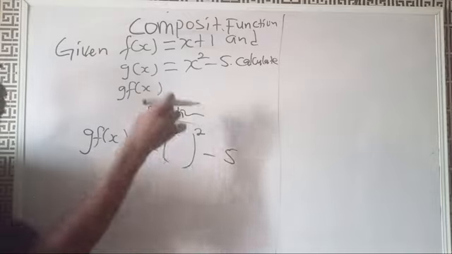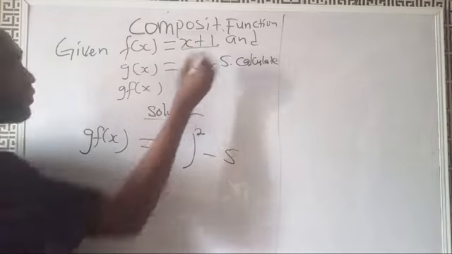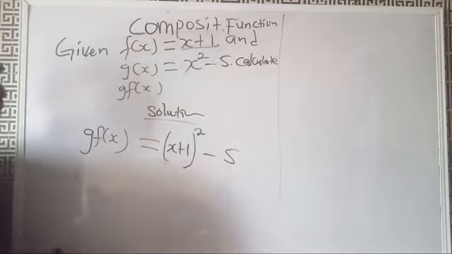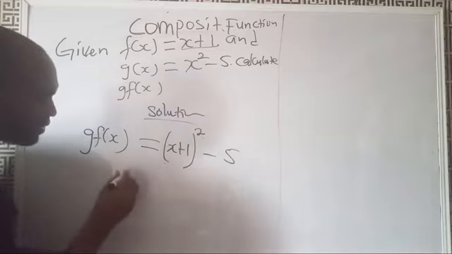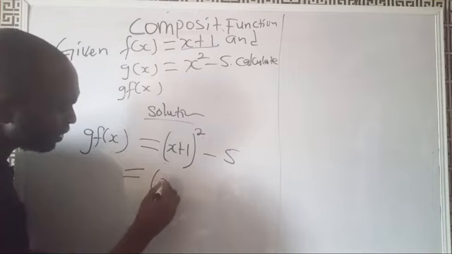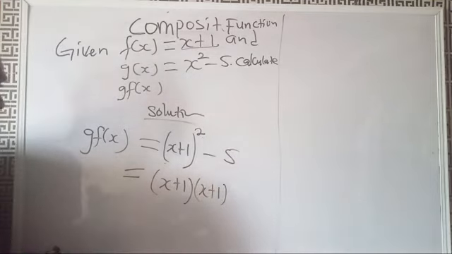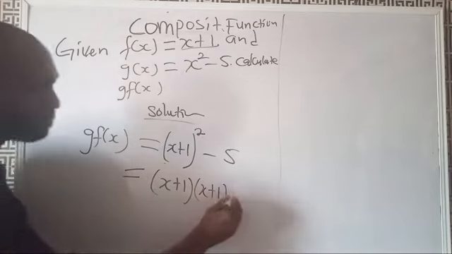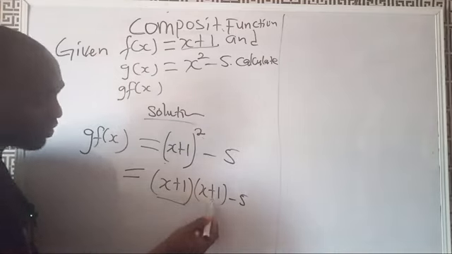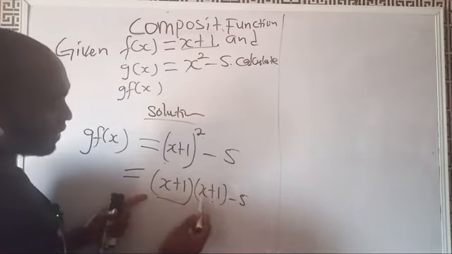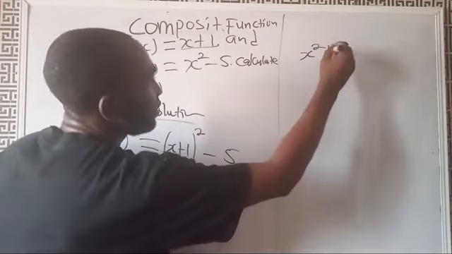Now there is a function inside of this square bracket here, which is f of x, so we put it inside: x plus 1. This 2 here shows that you have this bracket twice. So you open the bracket and express it as x plus 1 times x plus 1, then minus 5. Everything in this bracket is going to multiply everything in this bracket. x times x gives x squared. x times 1 gives x.